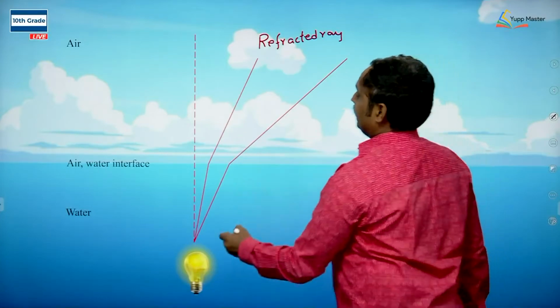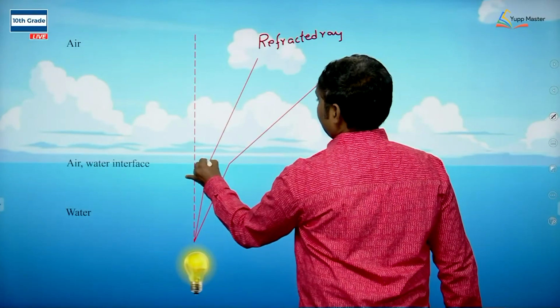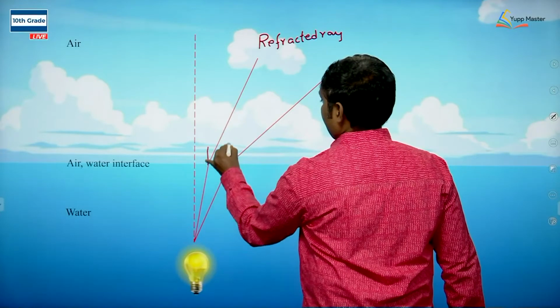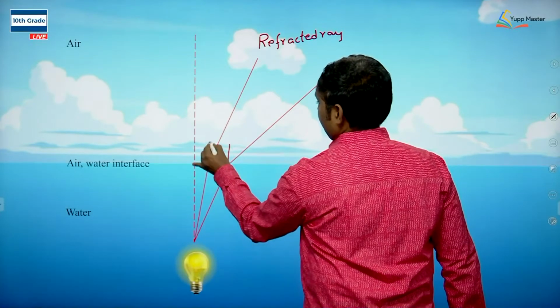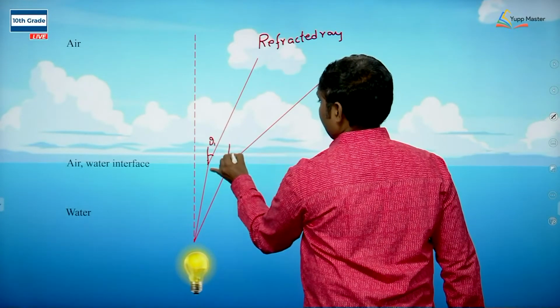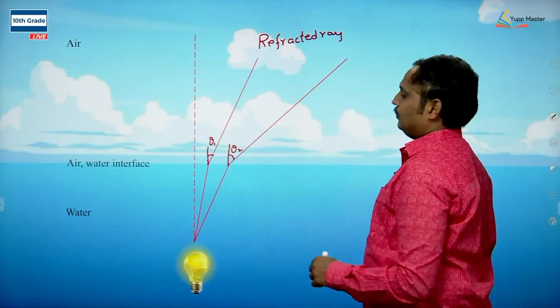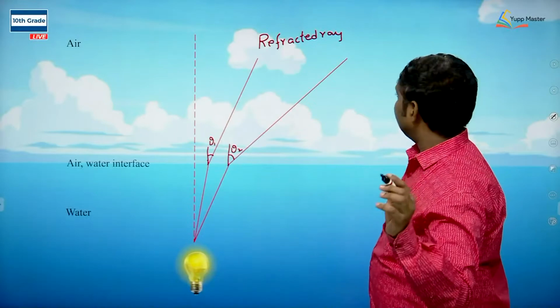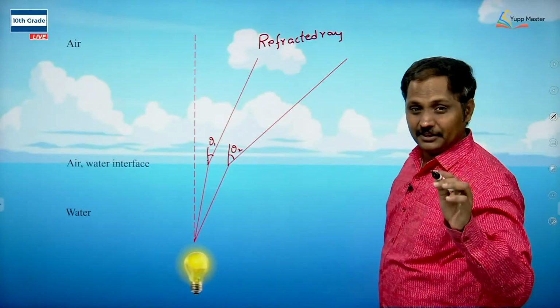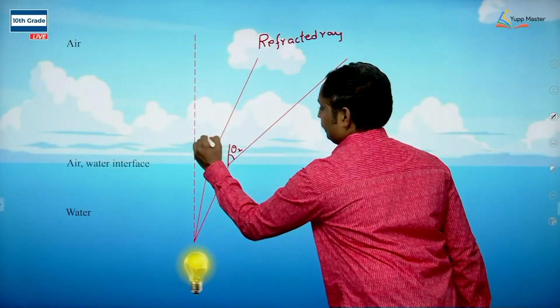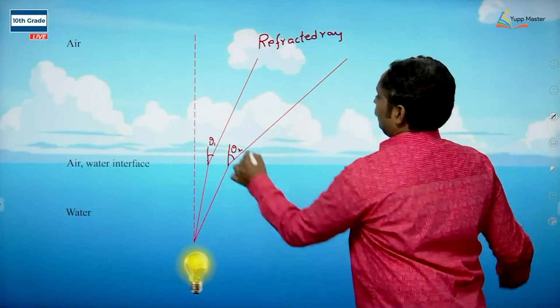Please identify that. This is theta 1, this is theta 2. You can confirm that theta 1 is the angle of incidence and theta 2 is the angle of refraction.